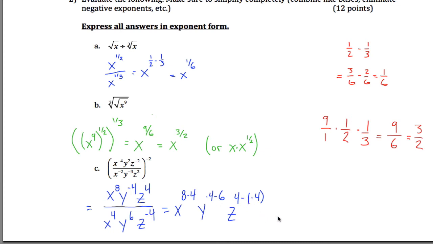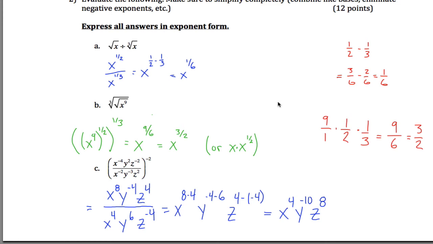It's minus -4, which is +4. So 8 minus 4 is just 4. -4, it's hard to read my writing, but yeah, it's definitely a negative. Negative 4 minus 6 is negative 10. And 4 minus negative 4 is the same as 4 plus 4, which is 8.